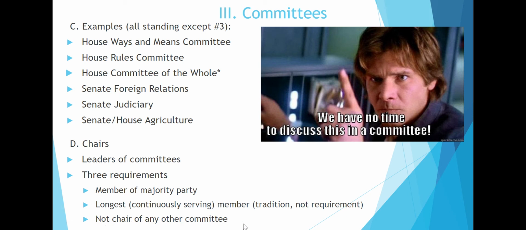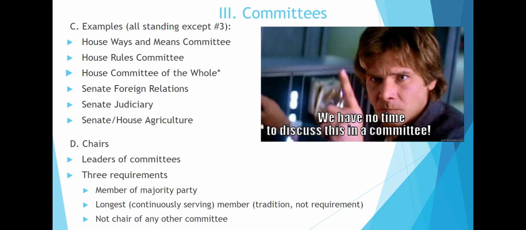You cannot chair any other committee. You can only chair one. And it used to be a recognized tradition, used to be kind of well established, that the longest continuously serving member of the committee would get to be the chair. But that's no longer always the case.